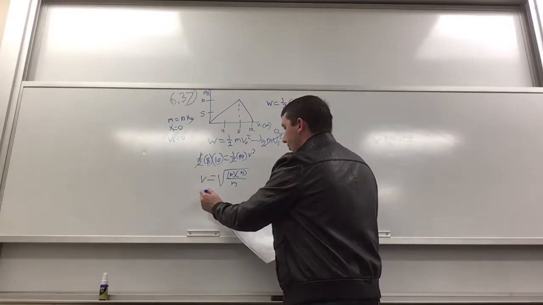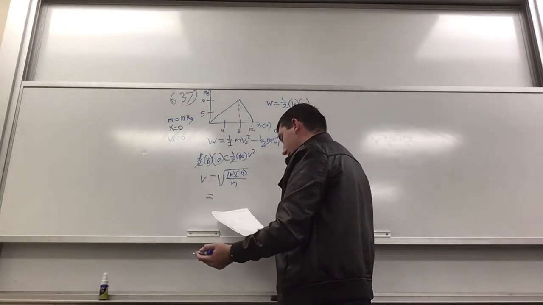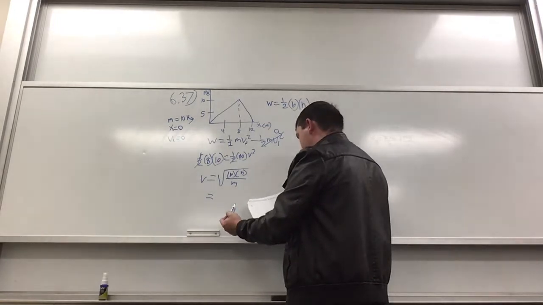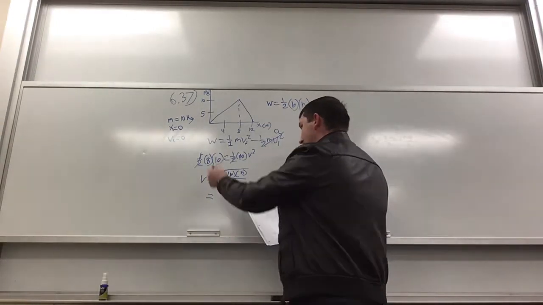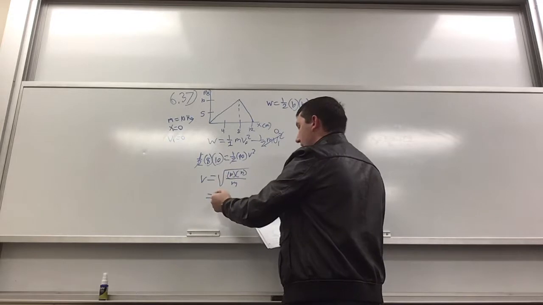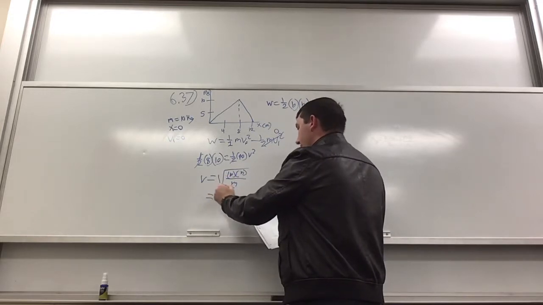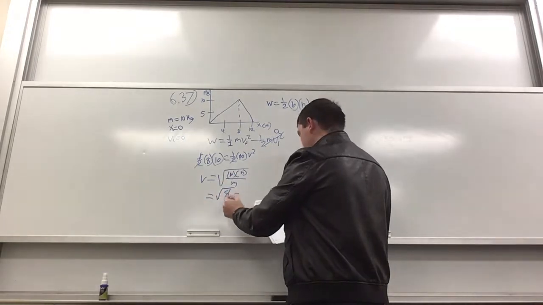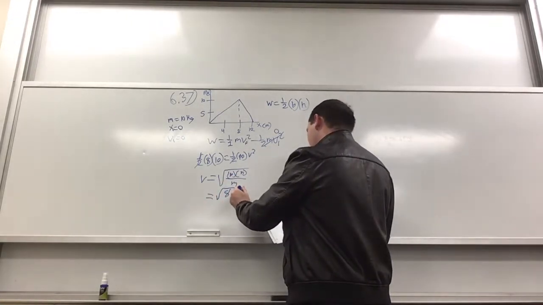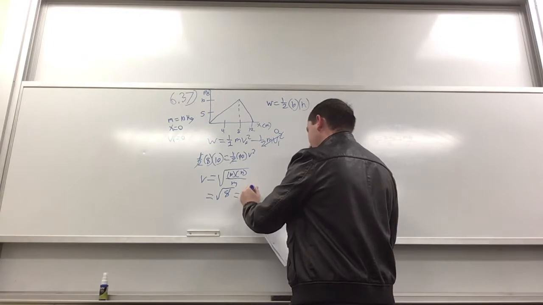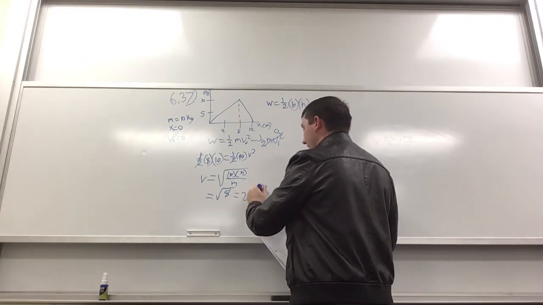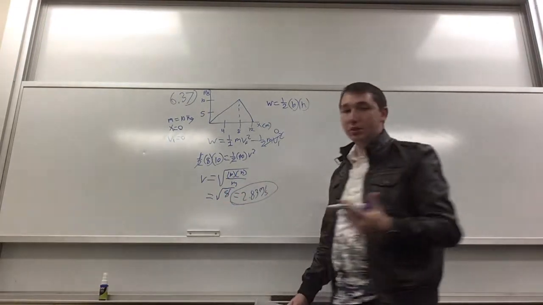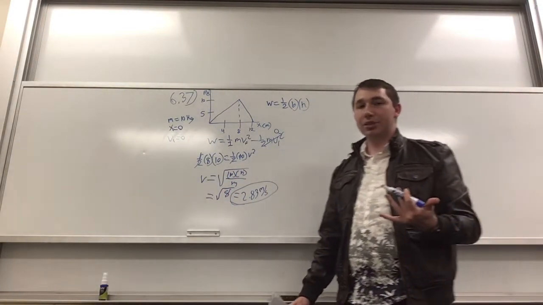And so when you do the math, you plug those values in, 8 times 10 divided by 10, you get the square root of 8, and that is going to be equal to 2.83 meters per second, and that's your velocity when the sled has gone 8 meters.